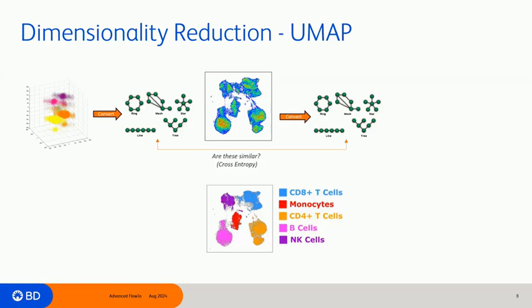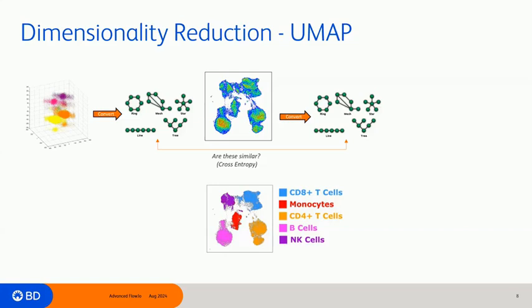So in flow cytometry, UMAP is increasingly being used and adopted due to its ability to preserve both local and global structures, which can be crucial for accurately identifying and understanding complex cellular relationships.